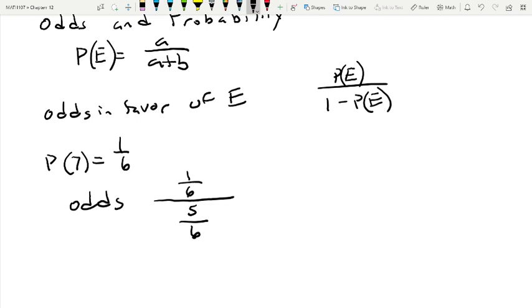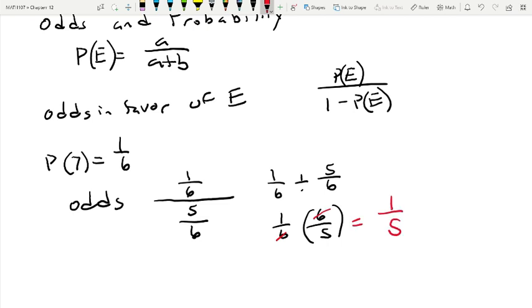If I simplify that fraction, this would mean 1/6 divided by 5/6. If you remember your fractions, we leave the first one the way it is, change the sign to multiplication, and flip the second one over, and then those cancel, and we're left with 1 out of 5. So the odds of getting the 7 are 1 out of 5.